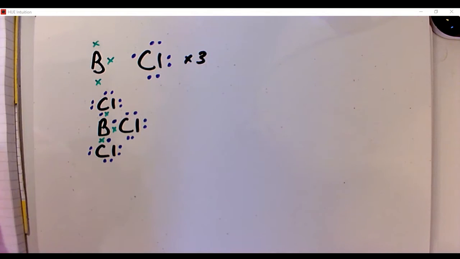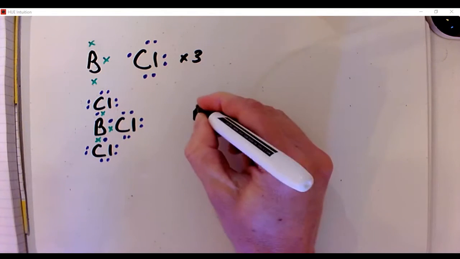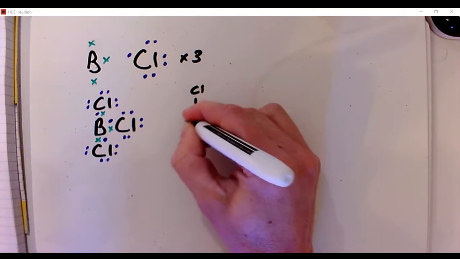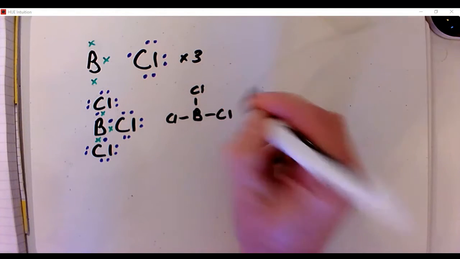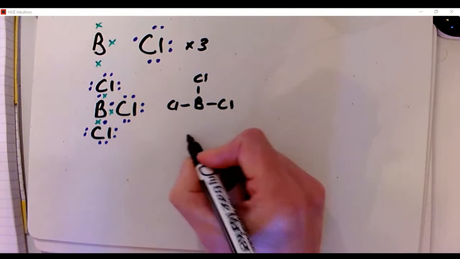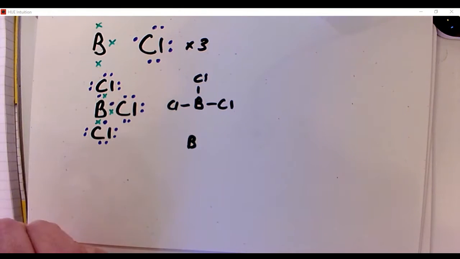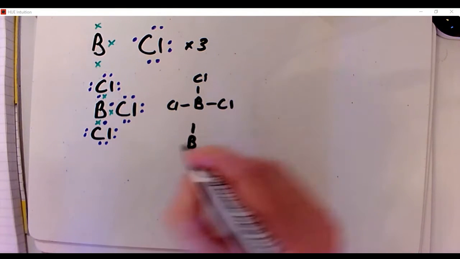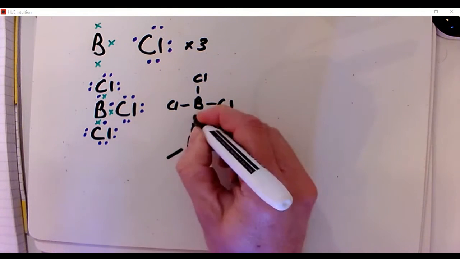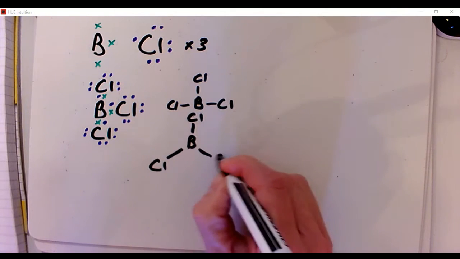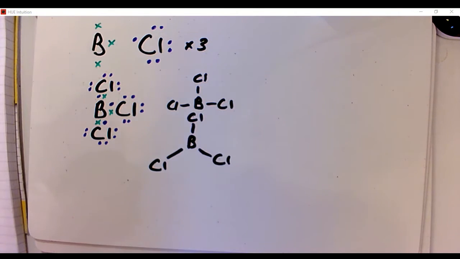Okay, and that's it, and this will be BCl3. So you can draw it like that. Now in reality, we've got 3 bonding pairs around the central atom, and they will separate as far apart as possible. So actually the shape ends up as trigonal planar, right?